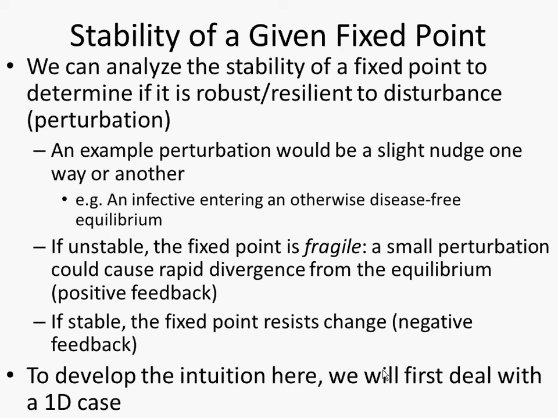So if it's unstable, the fixed point is fragile. Small perturbation will build on itself in a reinforcing feedback, and we'll see where that math comes from. Okay. If it's stable, the fixed point resists change. It's a balancing feedback. The system settles into it, pulls it back and brings it back into this equilibrium.